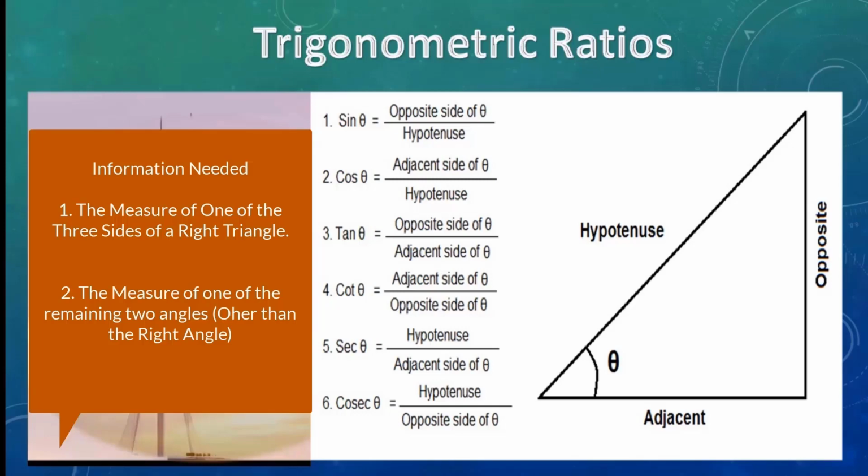So these two are essential: the measure of one of the sides and the measure of one of the remaining two angles of the right triangle. Without the information of these two things, you can't use trigonometric ratios. Let's go on.